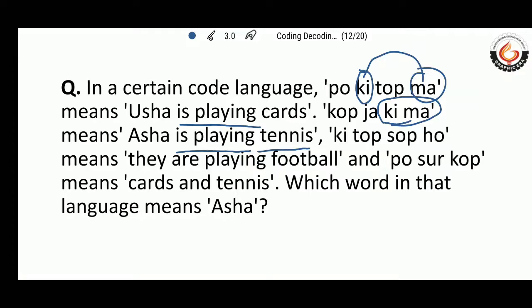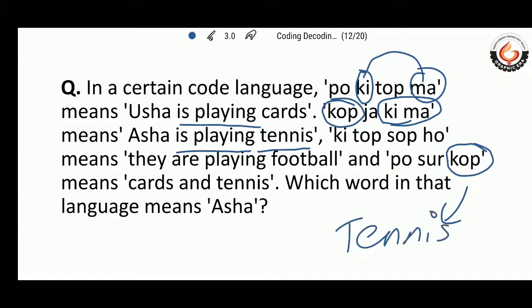Tennis. Cards and tennis means POSUR KOP, and in this we are having KOP and KOP common. So this KOP means tennis. So the only thing left is JA. So Asha means JA. Asha is coded as JA in the same language.